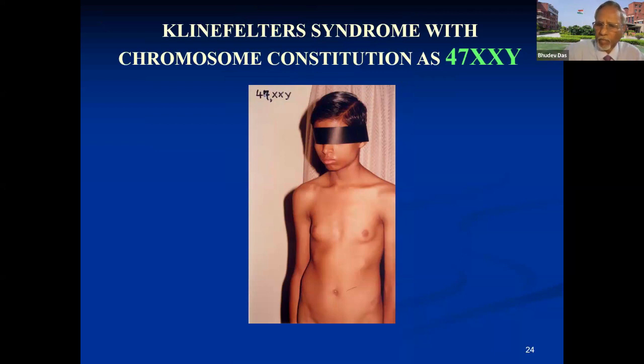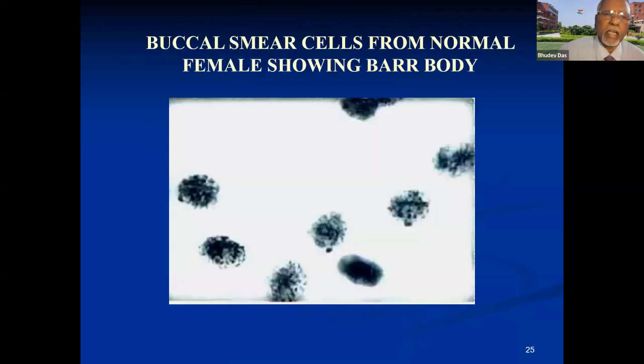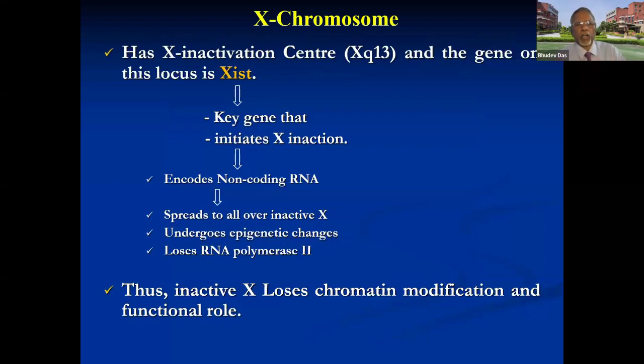47,XXY. So this is the buccal smear of a female showing the Barr body. The nuclear membrane shows the presence of the Barr body; it is a dark stain, and you can easily see the Barr body. So with X inactivation, there are 2 X chromosomes, so the dose of the genes is double here.